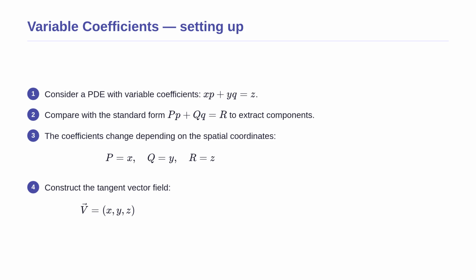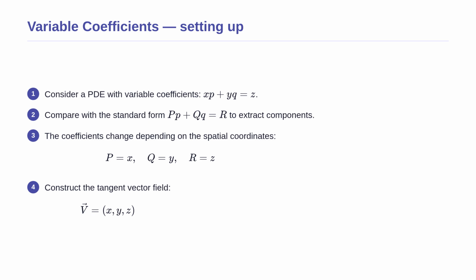Now let us examine a slightly more complex problem, where the coefficients are not just plain numbers but variables. We are given the partial differential equation x times p plus y times q equals z. Our strategy remains exactly the same as before. By comparing this specific equation to our standard quasi-linear template, we can extract the variable coefficients.